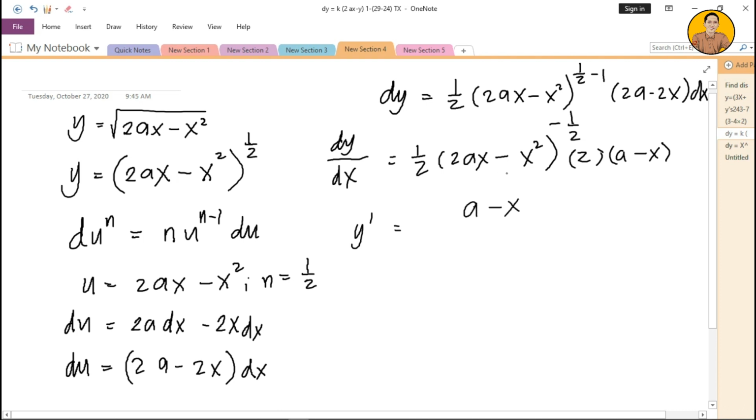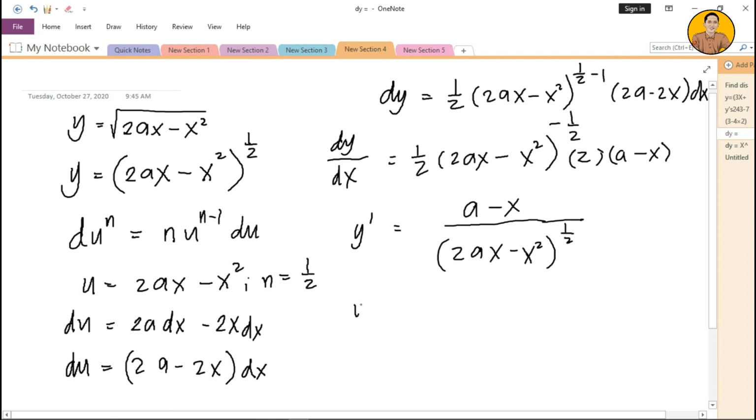That is in the numerator. So this raised to negative 1/2, we can move it down to the denominator, so its exponent becomes positive. So this becomes all over 2ax minus x squared, and this quantity is raised to 1/2. Then this 1/2 exponent, let's return it to its original symbol.